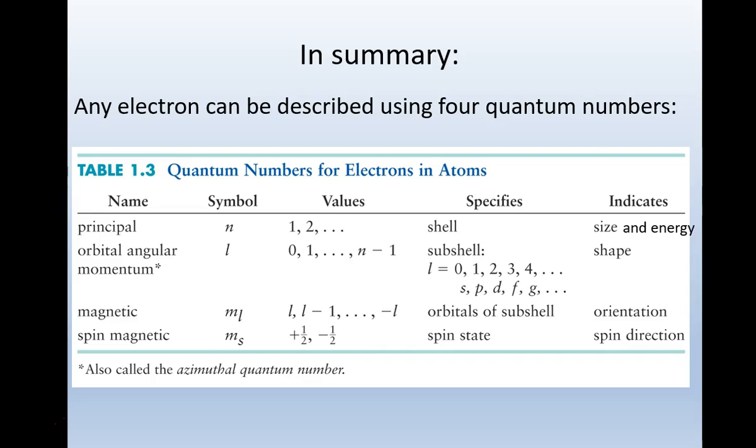And the last, the fourth quantum number, is called the spin quantum number, represented with ms. The values are plus half and minus half, and specify the spin state, in this case the direction of the spin, either clockwise or counterclockwise. So in the next lessons, we're going to apply these quantum numbers to write quantum numbers for any given electron in any given atom. Thank you.